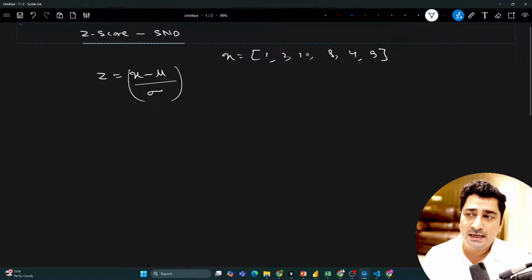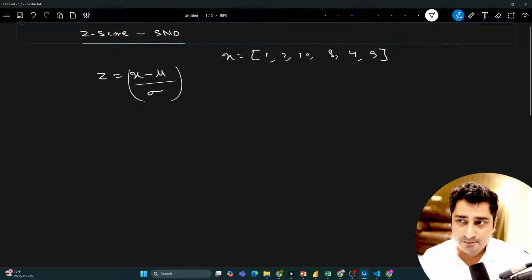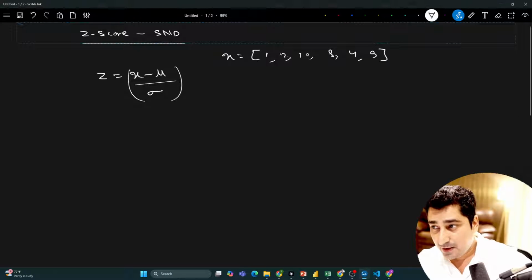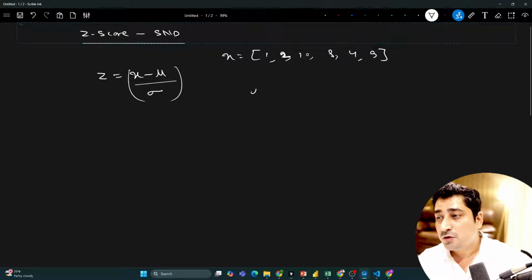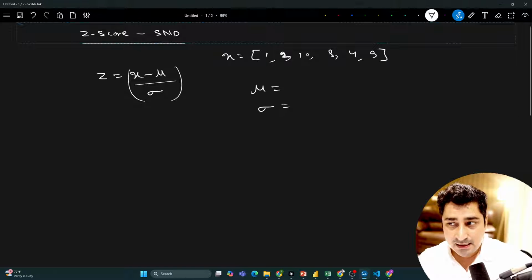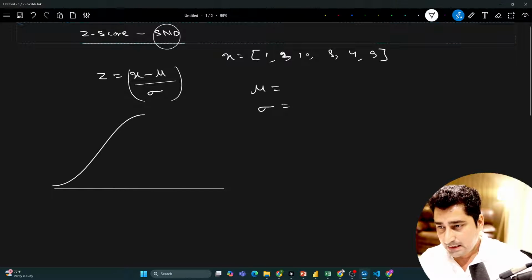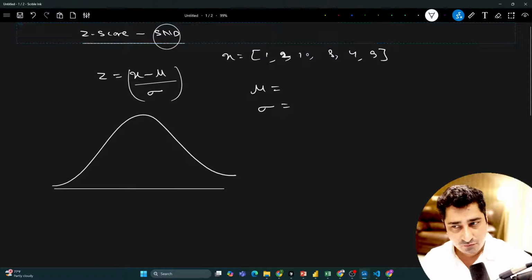Now, if I have to convert this data into a standard normal distribution form, maybe this data is available in a normal distribution form, where I have some mu and some standard deviation. That's cool, but there is another term called standard normal distribution, and you will be able to find a small difference. A normal distribution says that your data is supposed to form a bell curve.